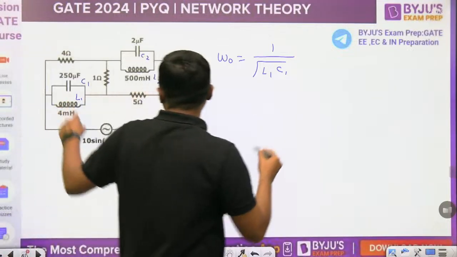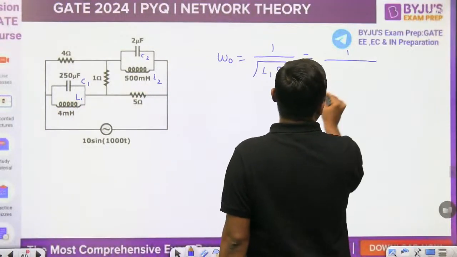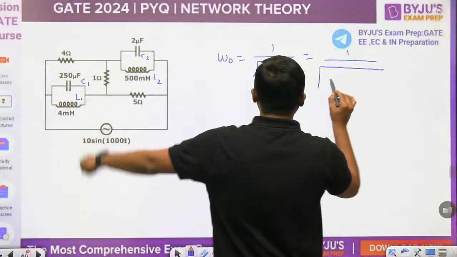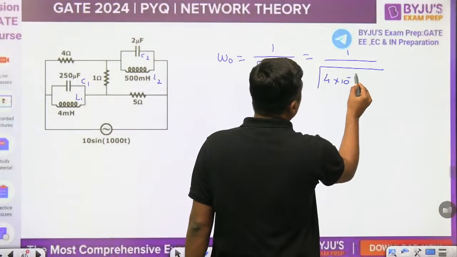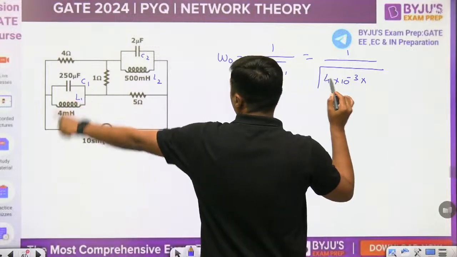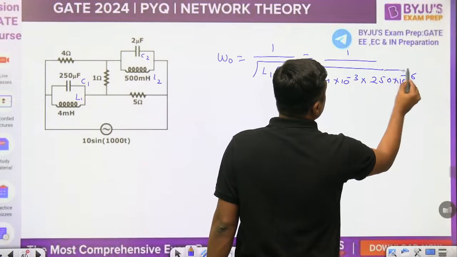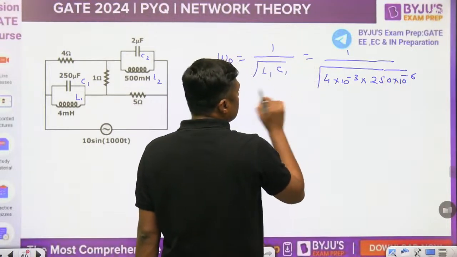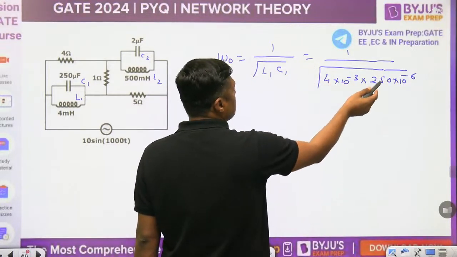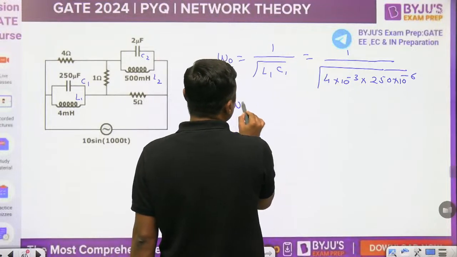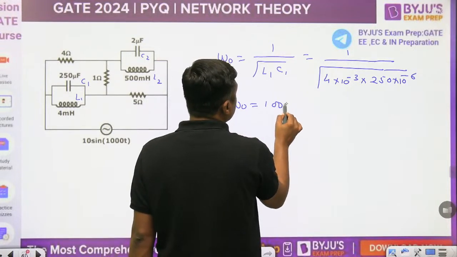To put the values very quickly, you can do it without a calculator. What is L1? 4 millihenry: 4 into 10 raised to power minus 3, into 250 microfarad, 250 into 10 raised to power minus 6. 250 into 4 is 1000, and the minus 3 and minus 6 combine to give 10 raised to minus 9, so it becomes 1000 radian per second.